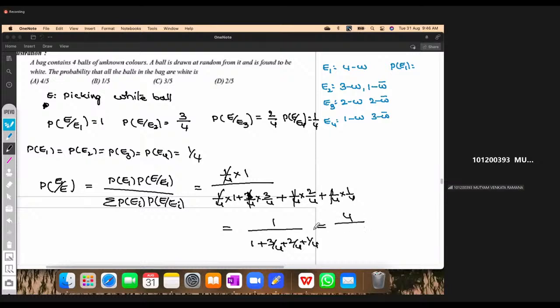So this is 4/4 plus 3 plus 2 plus 1 is equal to 10, which gives 2/5. Okay. Answer is 2/5.